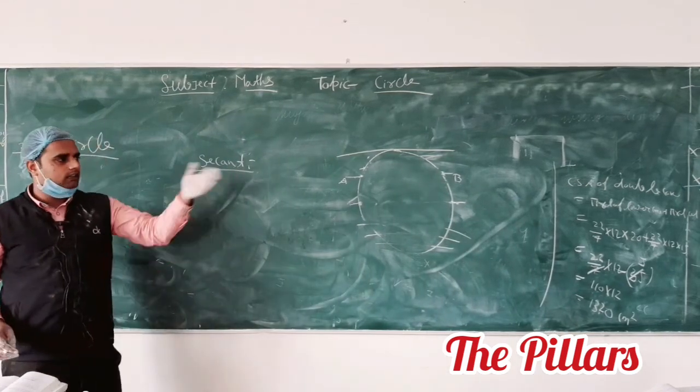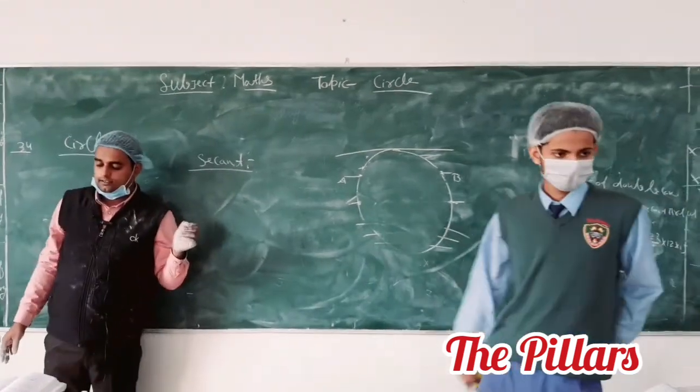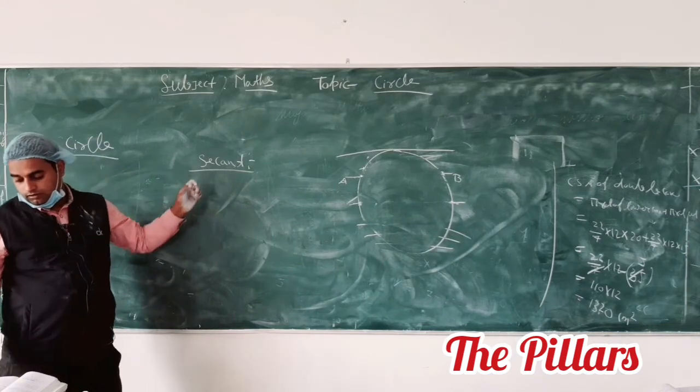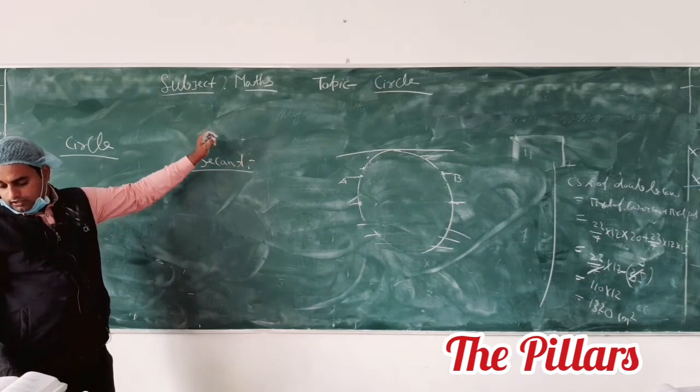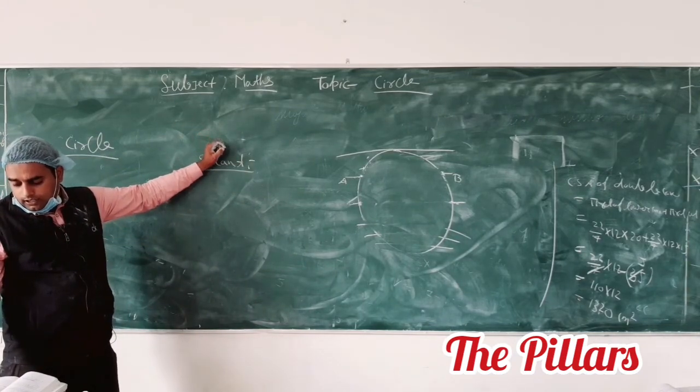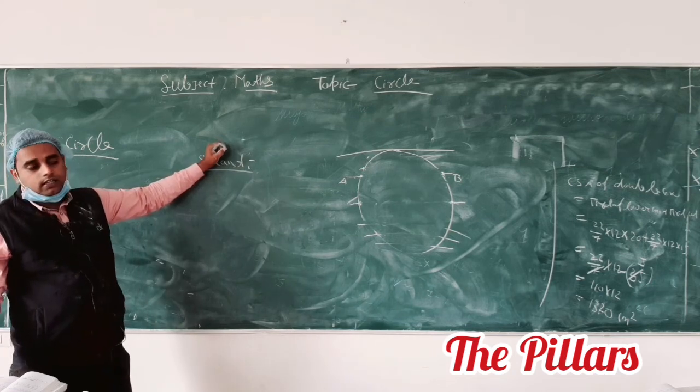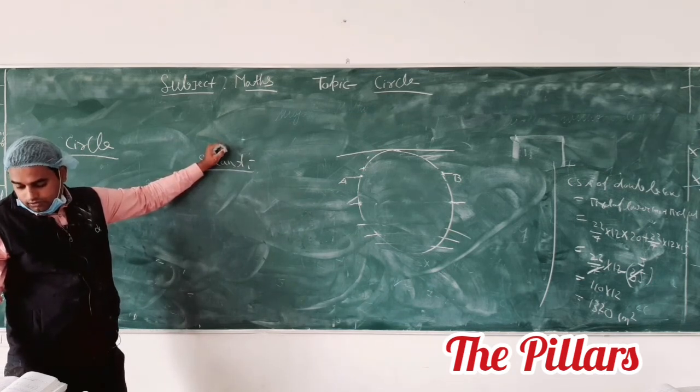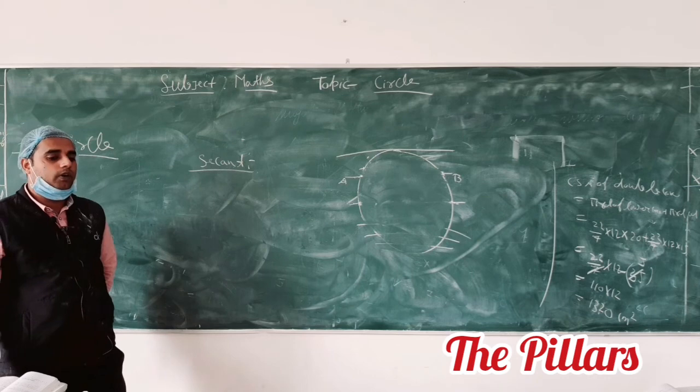Write down: tangent. A line meeting a circle only in one point is called a tangent to the circle at that point.